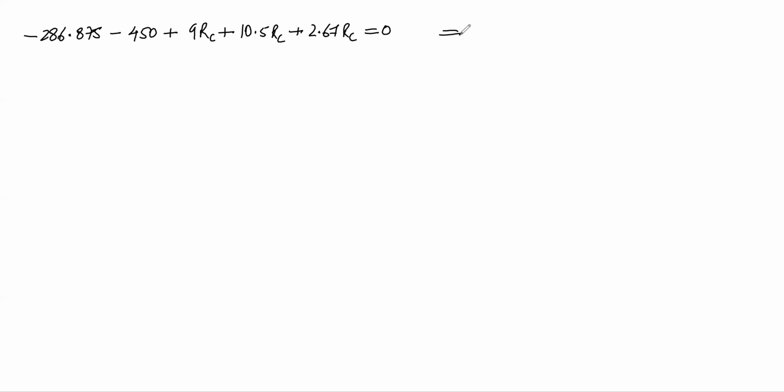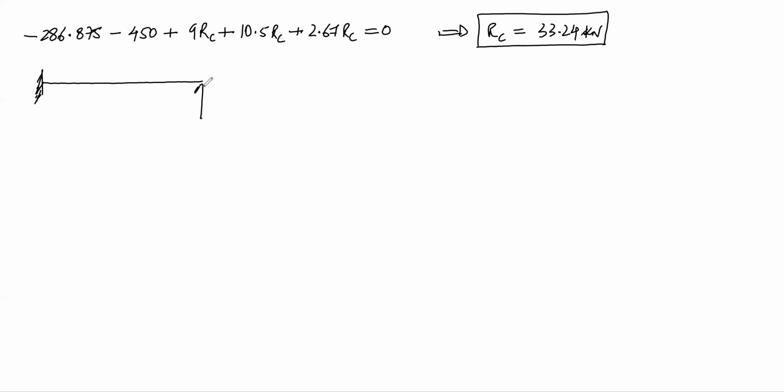Now if I solve this equation, I will get the value of RC as 33.24 kilonewtons. So this is the reaction at C. So we have the propped cantilever like this with partial UDL and a point load.